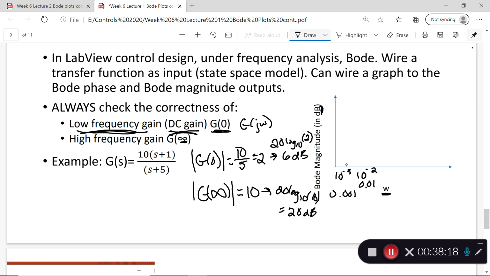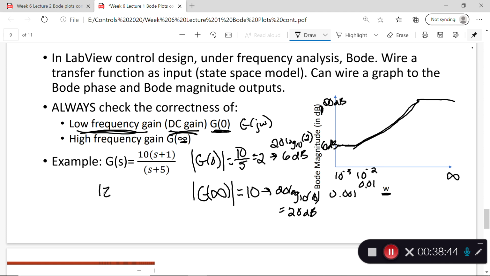So I know at low frequencies, low values on my x-axis, again, I don't start at 0 but somewhere low, I should be at 6 decibels, right? And then at a frequency of infinity, or pretty high, I should be at about 20 decibels. So I should be doing this.